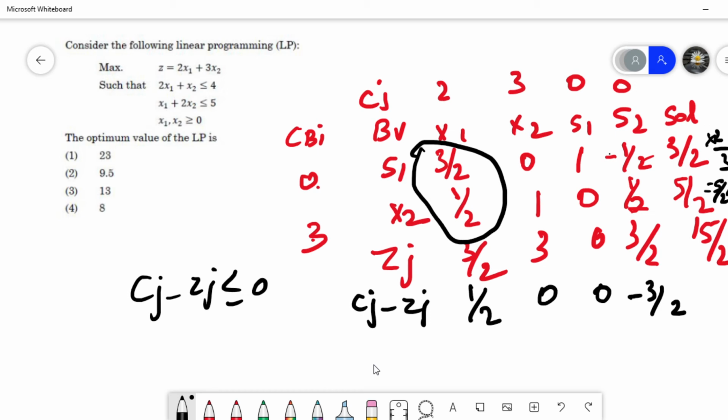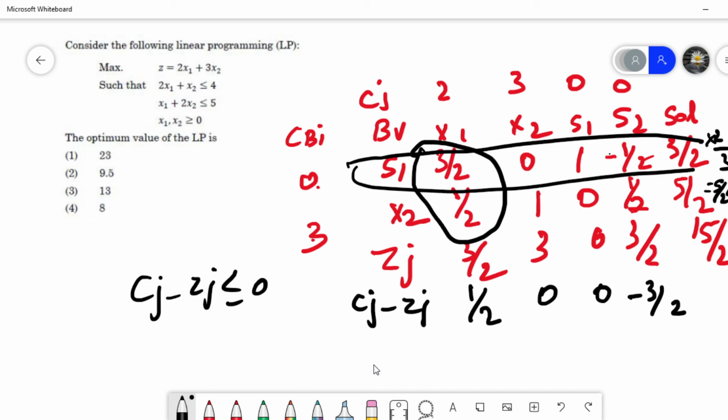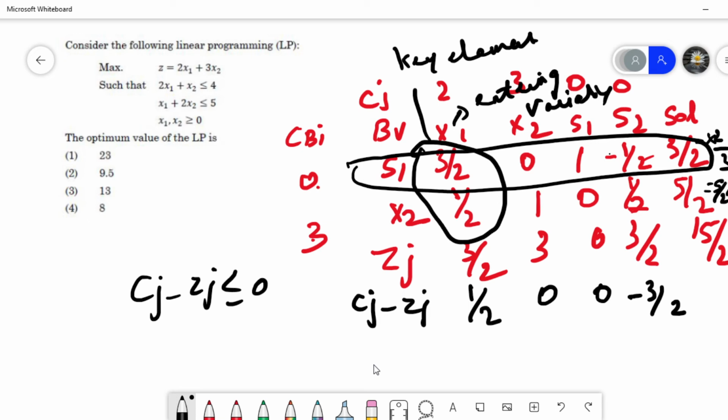Between the values 1 and 5, which one is minimum? 1. So we choose the row S1 as the key row. The key element is 3 by 2. So x1 is the entering variable, then S1 is the leaving variable.